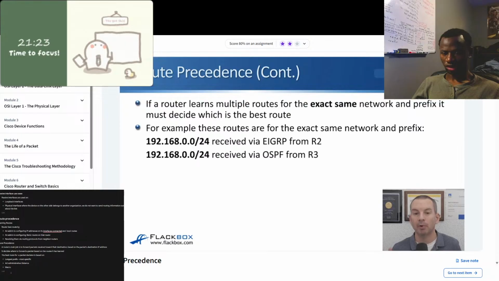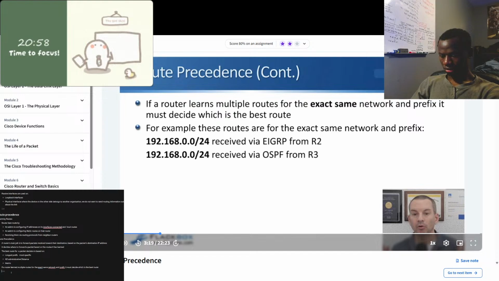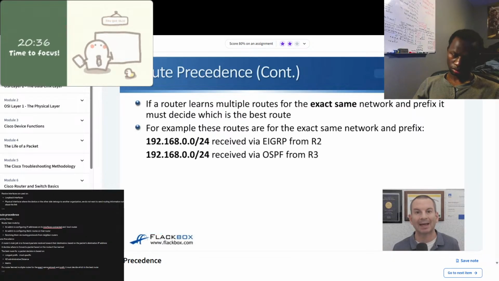If a router learns multiple routes for the exact same network and prefix, it must decide which is the best route out of them.